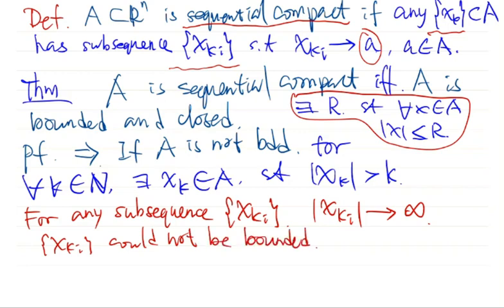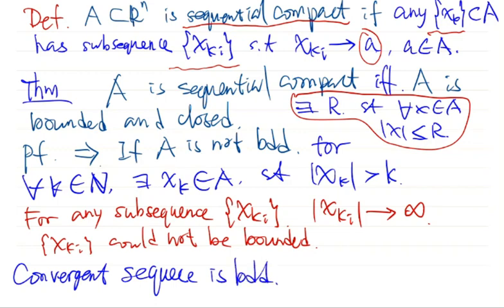But a very easy result tells us that a convergent sequence is bounded. An important fact: a convergent sequence must be bounded. This means that this subsequence could not be convergent.